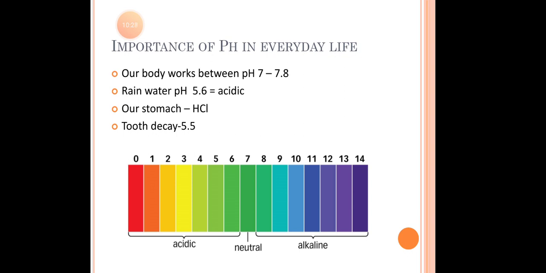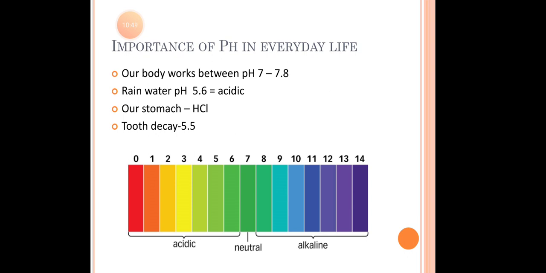In case the body's acidity increases, immediately there will be a disturbance in our stomach and different kinds of disorders. So always the body pH should be maintained between pH 7 to 7.8.